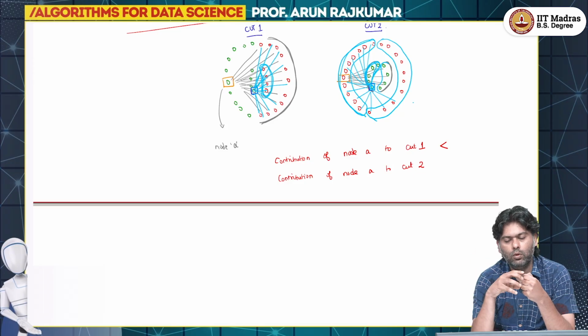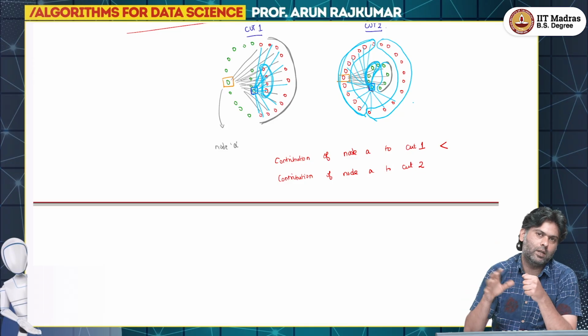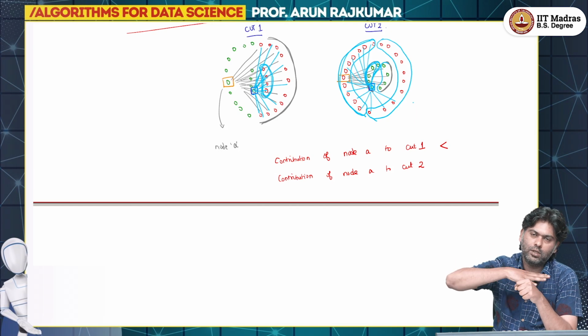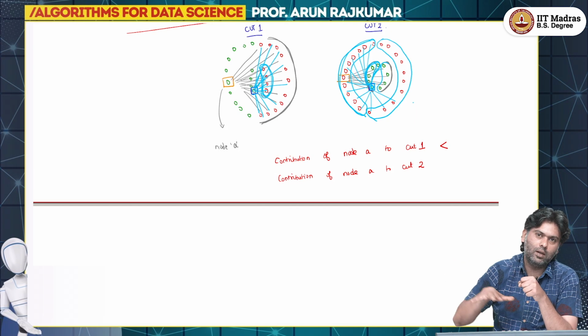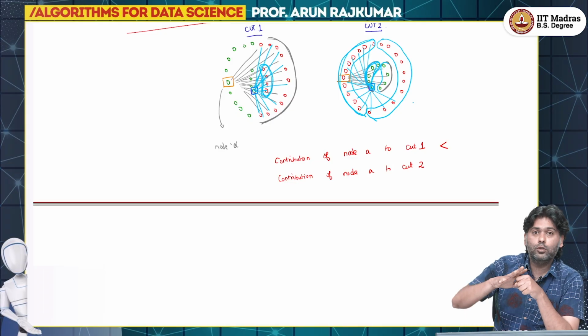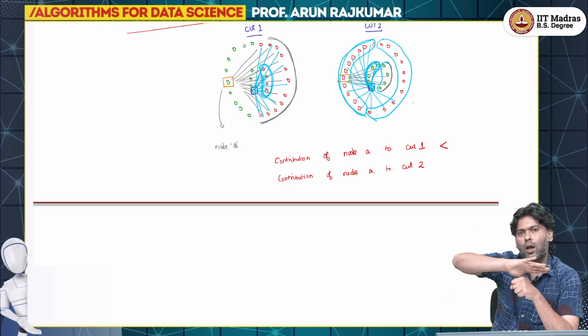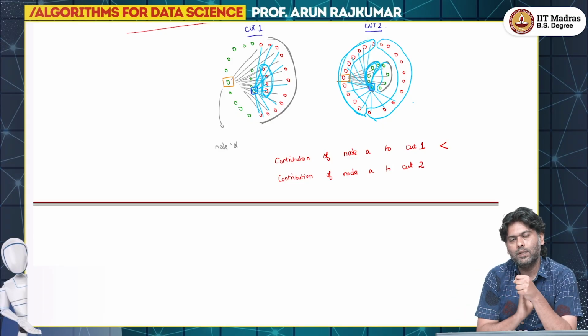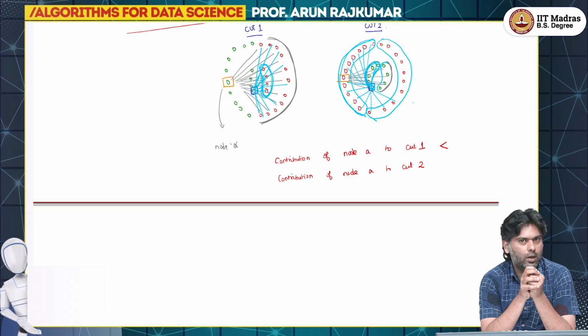Ideally, you want to cut the graph into two pieces such that the average distance, or the sum of the distances to the other guys, should be larger, so they are all away from me, but the sum of the weights should be smaller.